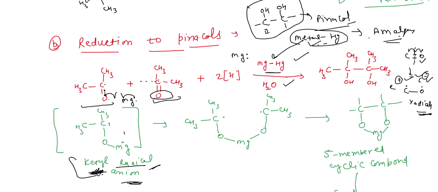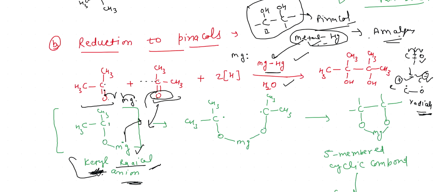Clear? Okay. Now, the second molecule will approach this ketyl intermediate. Similarly, as in the first step, the magnesium approaches the oxygen and pairs up with the pi electrons of oxygen.